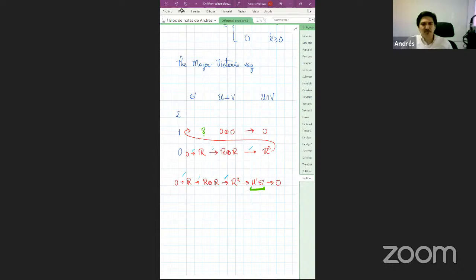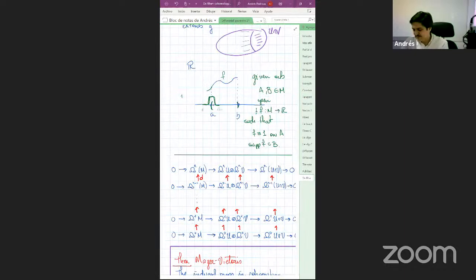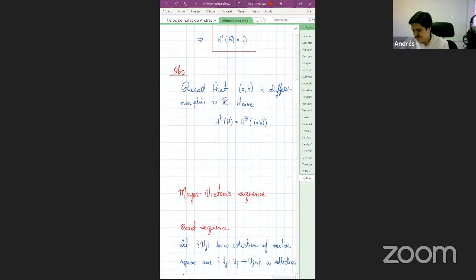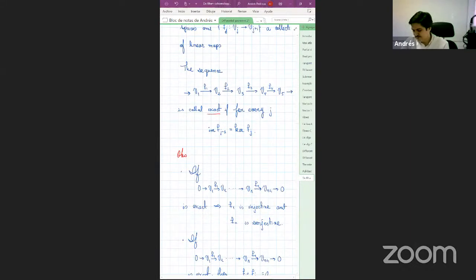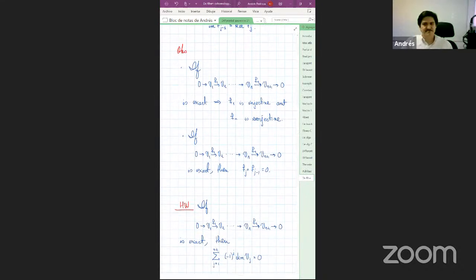And you have to use one of the homework problems that I mentioned a while ago when we saw exact sequences. That one.